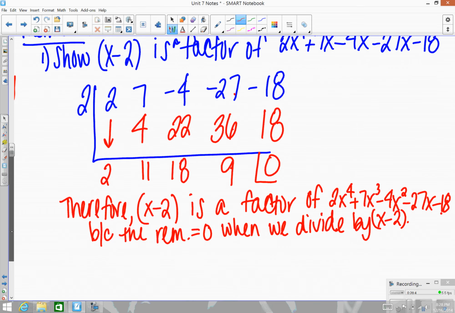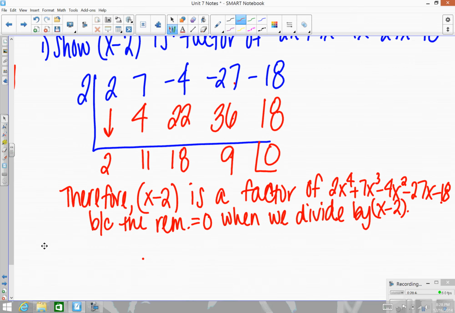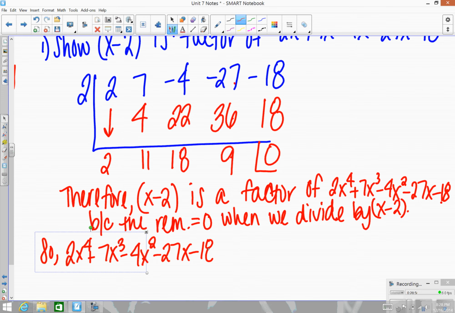So what that also means is that I can rewrite 2x to the 4th plus 7x to the 3rd minus 4x squared minus 27x minus 18. If you go up here, remember my answer to this division is actually going to be 2x to the 3rd, 1 less power, 11x squared plus 18x plus 9 by looking at what I got out.